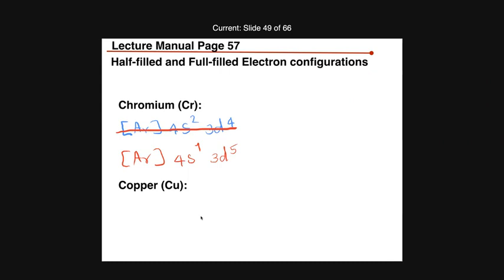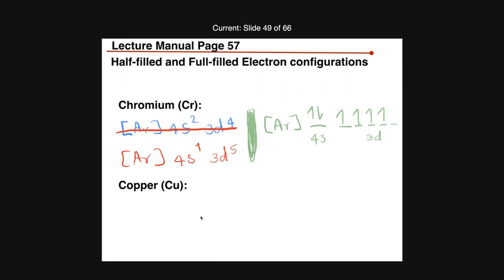The reason for this is, I'm going to write it in a slightly different way. I'm going to have argon as our inner core electrons still, but for the 4s and 3d, 4s would contain 2 electrons, and d would have 5 orbitals, so 1, 2, 3, 4, 5. This is 3d that contains 4 electrons. It's more stable because the 4s and 3d energy levels are very close to each other. Therefore, there is the possibility of an electron going into a different energy level.